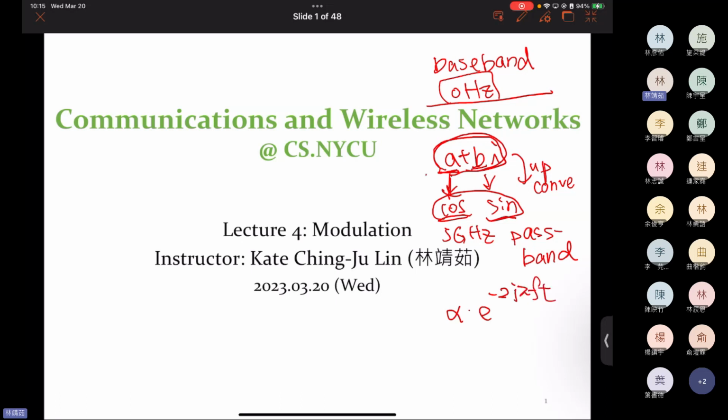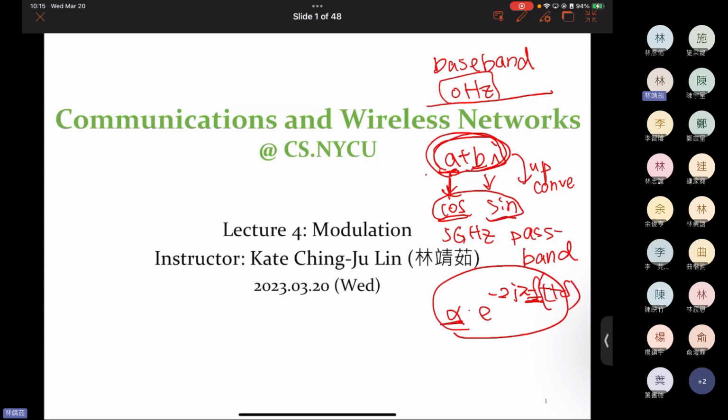So they are actually equivalent, but this one is the baseband signal, and this one is the passband signal carried over this frequency, the actual center frequency. And this is the amplitude. And this is probably some phase delay.